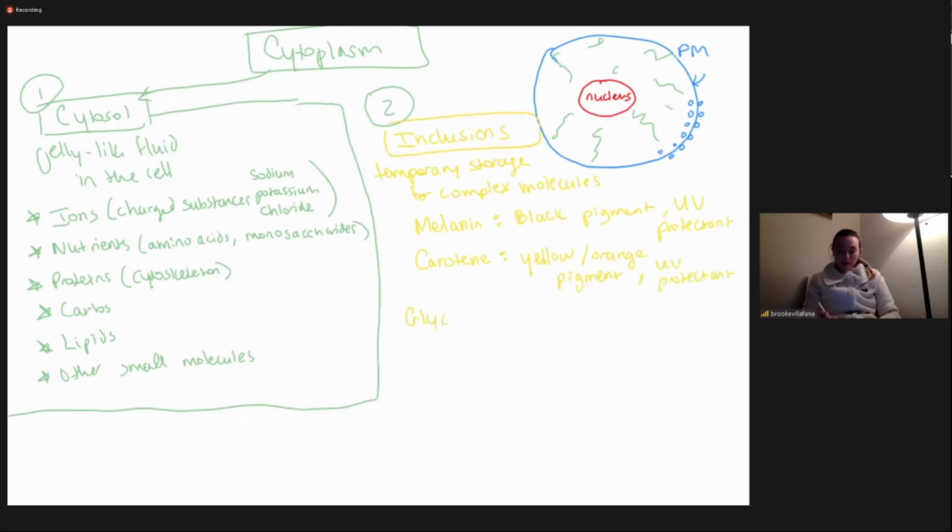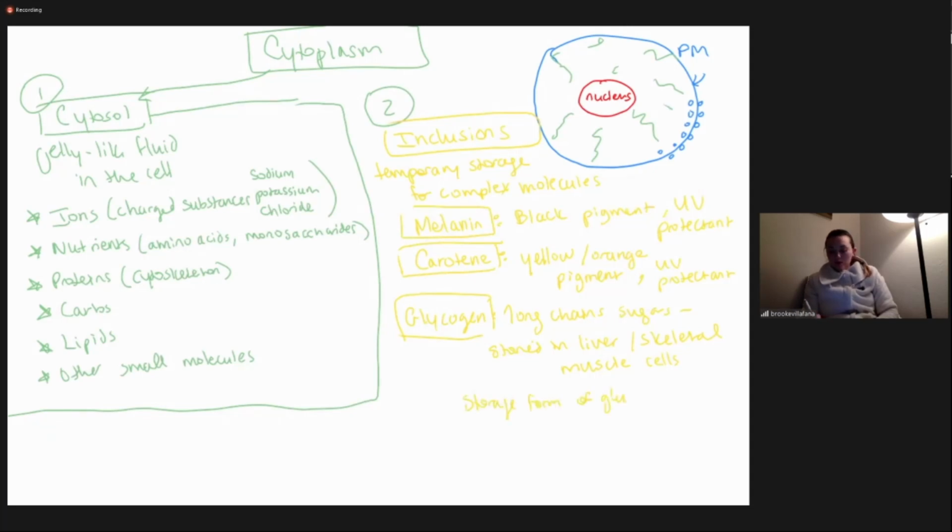And then glycogen, okay? Glycogen are long chains of sugars, okay? So these are stored in the liver and the skeletal muscle cells. So cells in the liver, cells in the skeletal muscle store glycogen, and glycogen is the storage form of glucose.